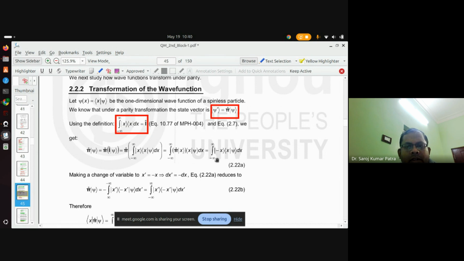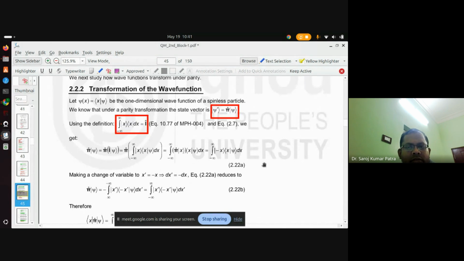Πψ will now become the integral of |−x⟩⟨x|ψ⟩ dx from minus infinity to infinity. Now if we make a change in variable, we call minus x as x prime. Minus x will become x prime, x will become minus x prime, and dx will become minus dx prime. The limits will change: minus infinity will become infinity, and infinity will become minus infinity.